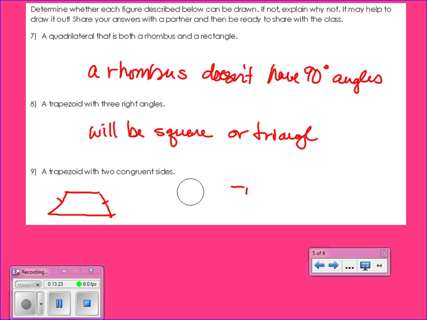And then Julia said, what if we have parallel lines going out like that, and these 2 are congruent. Okay, so now we have our trapezoid because we have our parallel lines, but we also have 2 congruent sides on our trapezoid. Okay? A couple of different ways you could have done it.